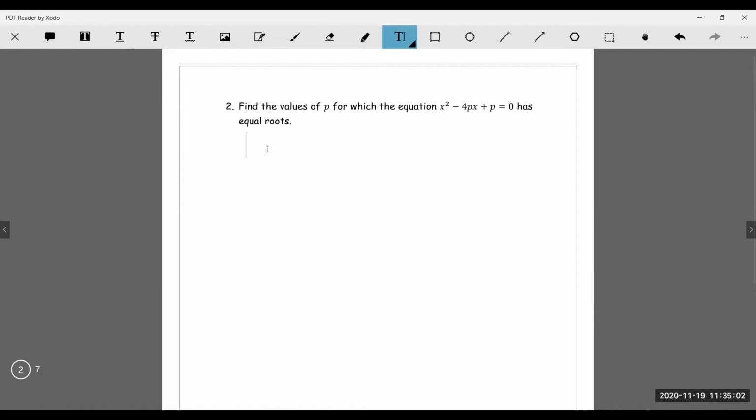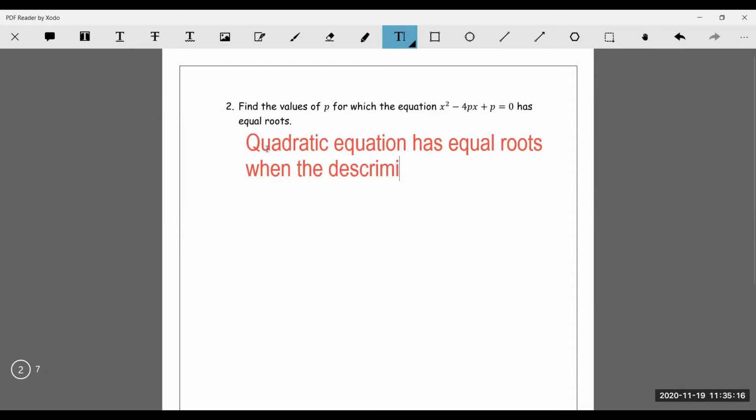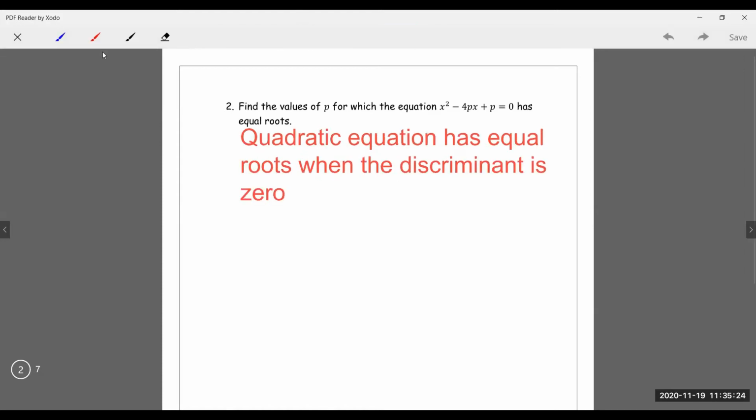Just want to write that down. So a quadratic equation has equal roots when the discriminant is 0. All right, that's when the quadratic has equal roots.